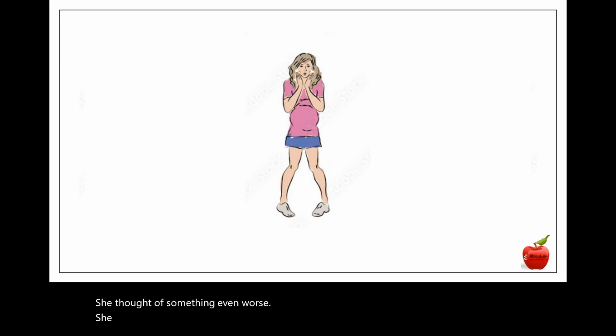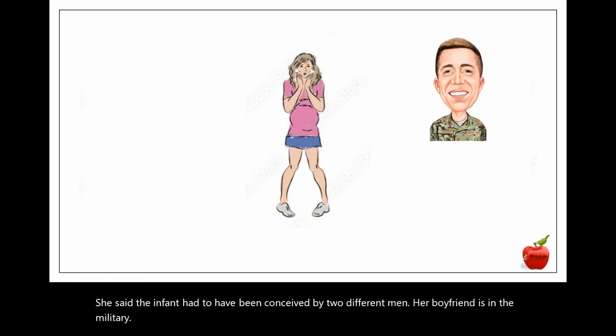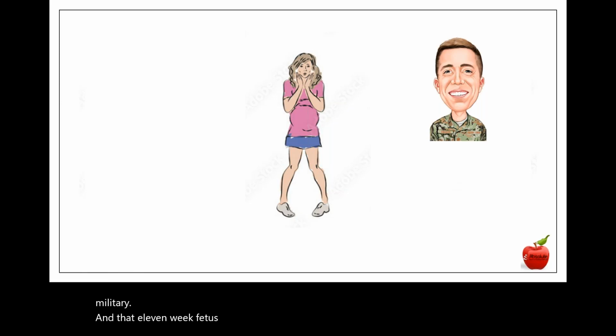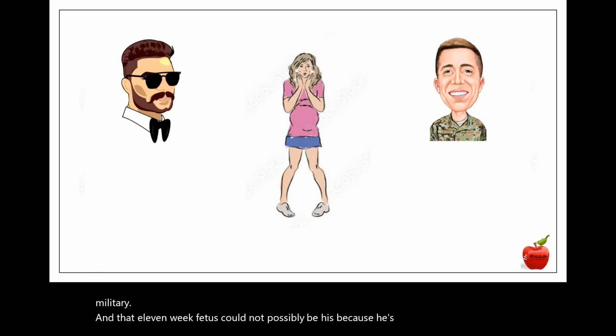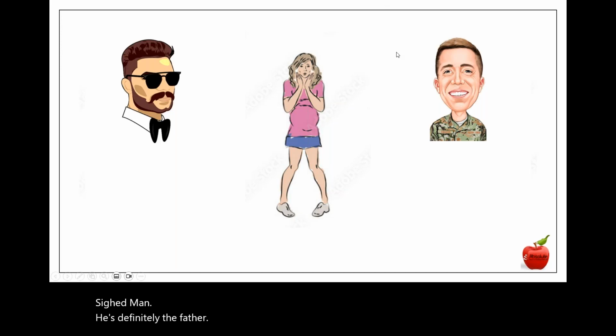She said the infant had to have been conceived by two different men. Her boyfriend is in the military, and that 11-week fetus could not possibly be his because he's overseas. But her side man, he's definitely the father. And you know what? Sophie's got some explaining to do.